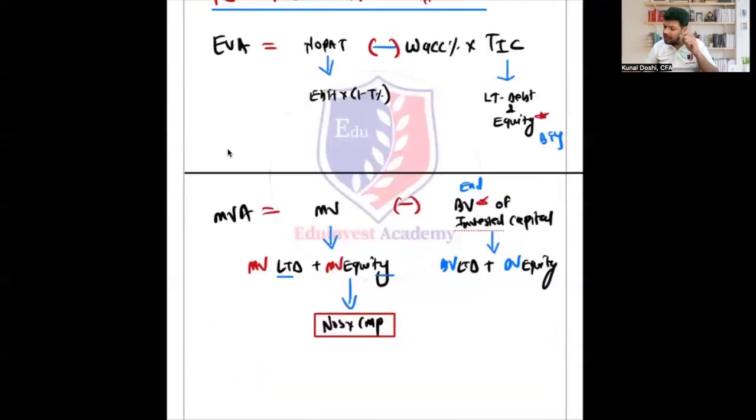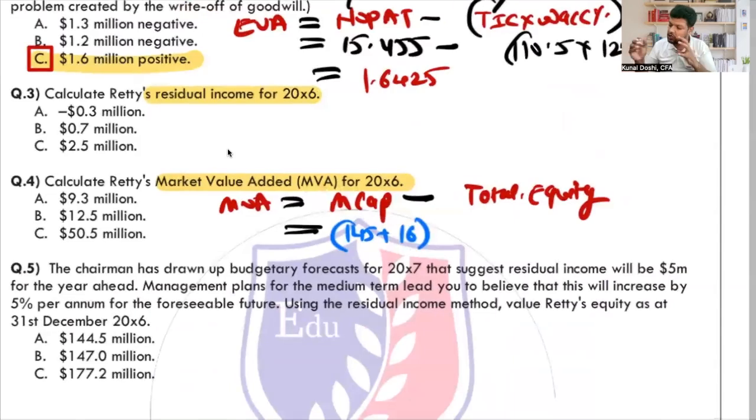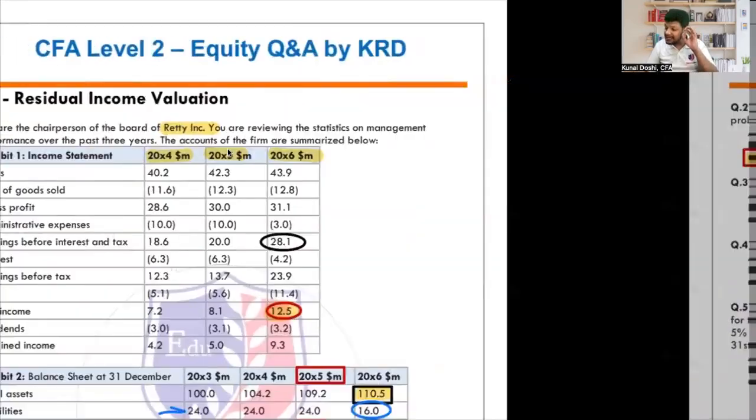So here we require the book value of invested capital, total equity plus debt. Okay, this is based on book value. So now I have equity plus debt at book value.